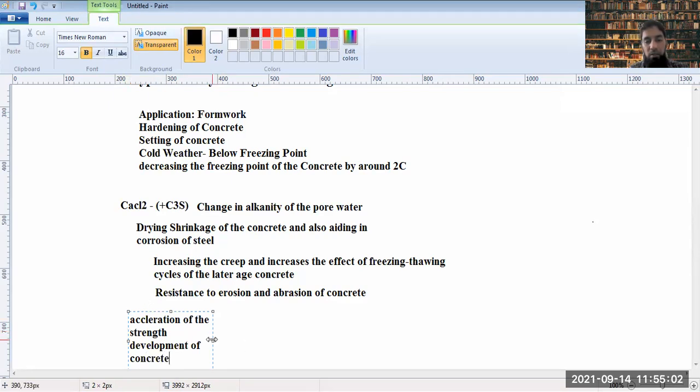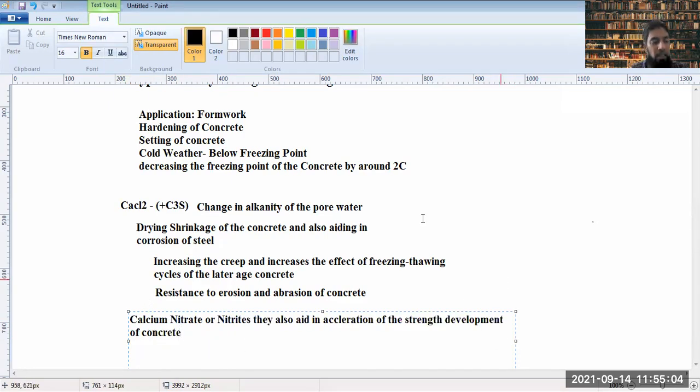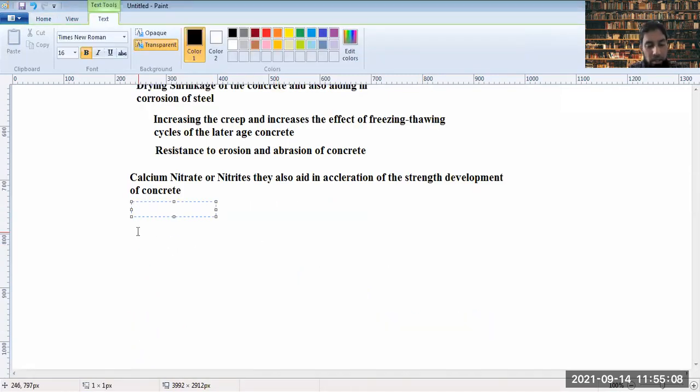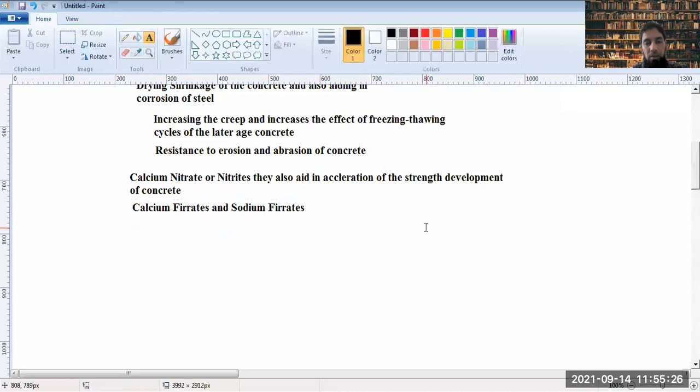So you can use these compounds as accelerators. You can also use calcium ferrates and sodium ferrates as accelerators. So calcium chloride is the most prominent one that's used, but these are also used.